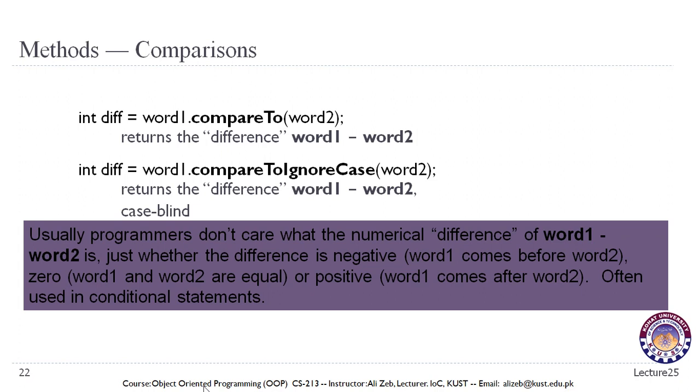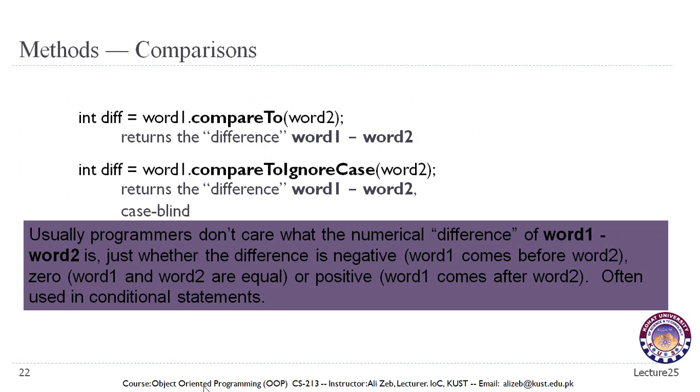For example, if word1 comes before word2, then we should get a negative number. If word1 and word2 are equal, then we should get a 0. Or if word1 comes after word2, then we should get a positive number.